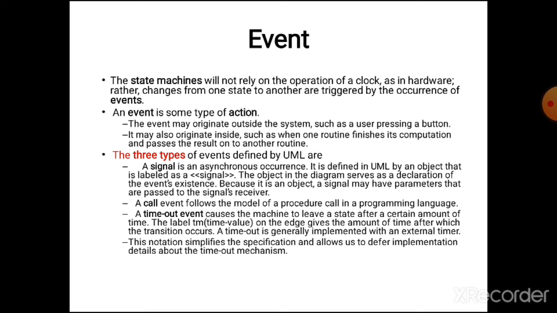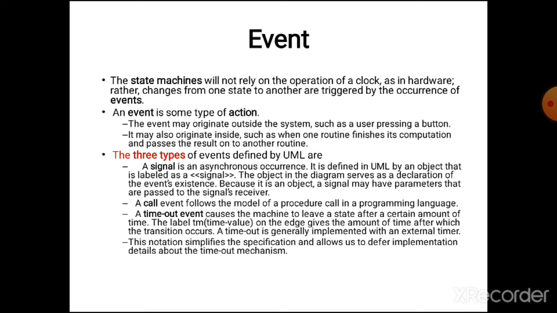An event may originate from outside the system, such as a user pressing a button, or it may also originate from inside, because when we execute one routine, it finishes its computation and passes the result to another routine, and then that routine will be executed. That is, the event may occur either externally or internally.